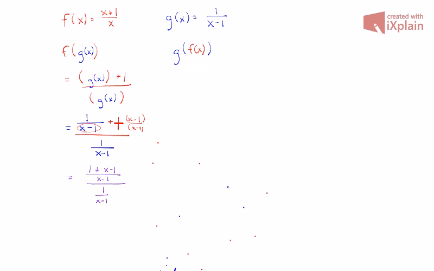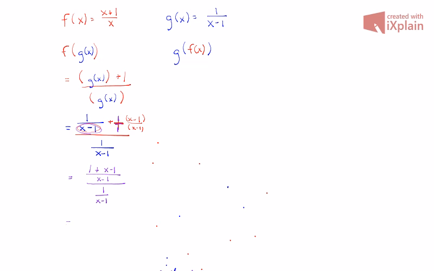I know that sounded like a mouthful, and maybe everything blended together, just a bunch of x's, minuses, and 1's, so definitely feel free to rewind and rewatch a certain section of the video. But again, I have a 1 over 1 here, and I want to give it that common denominator of x minus 1. So in order to do that, I have to multiply the numerator and the denominator of the fraction by an x minus 1.